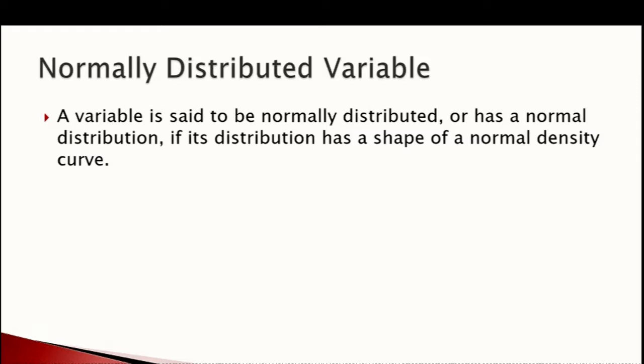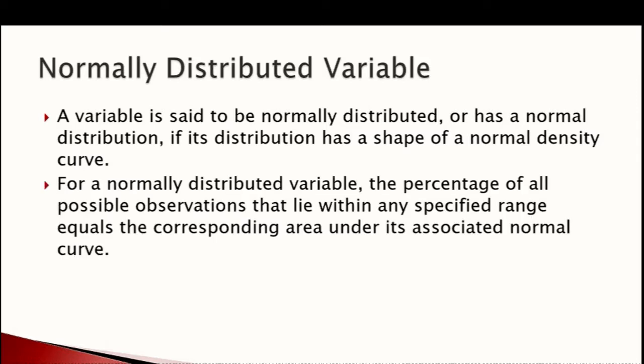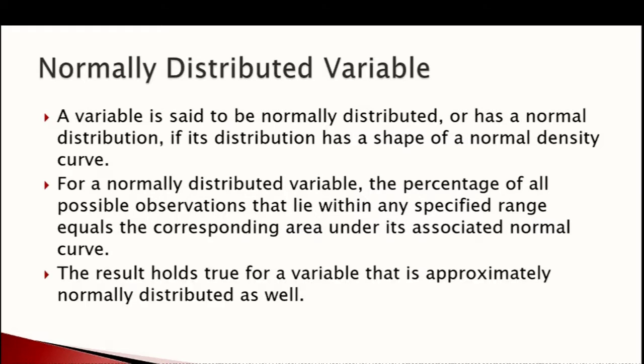The result also holds true for a variable that is approximately normally distributed. You will see this distinction in examples to come in this chapter and in the following chapter, since there are some differences between a normally distributed and approximately normally distributed variable.